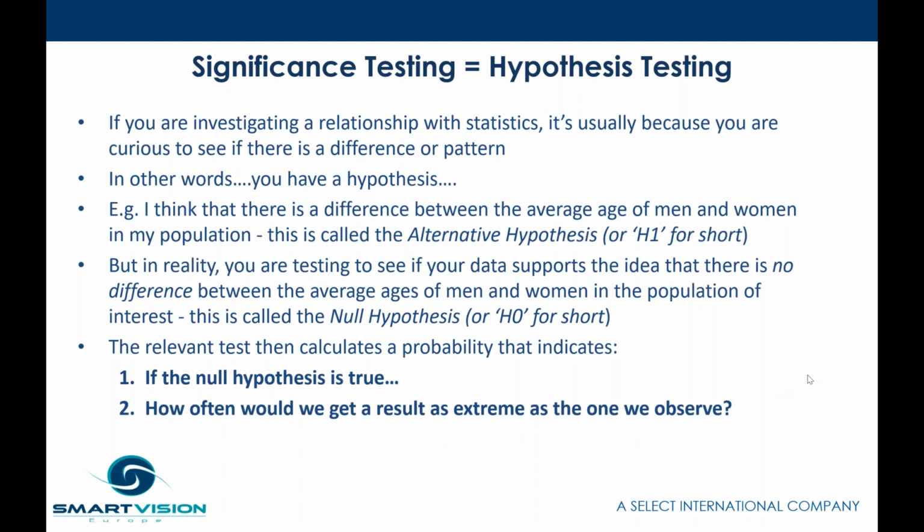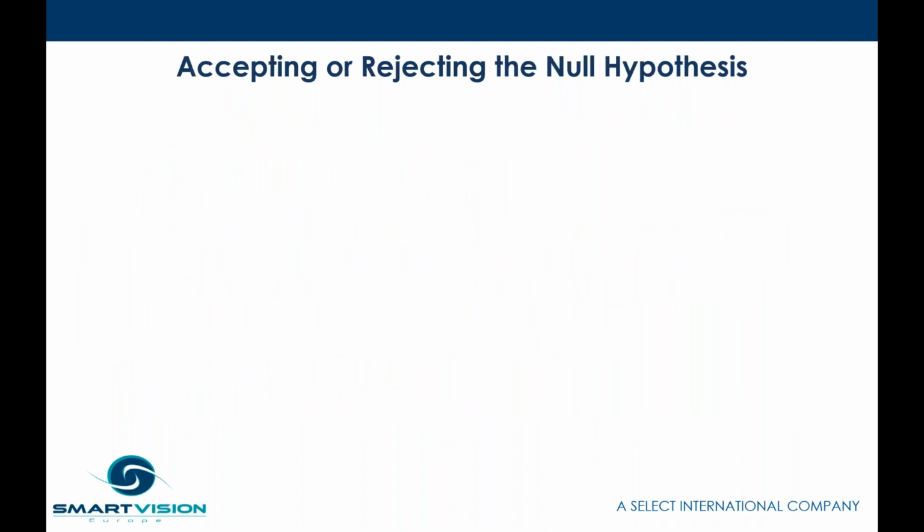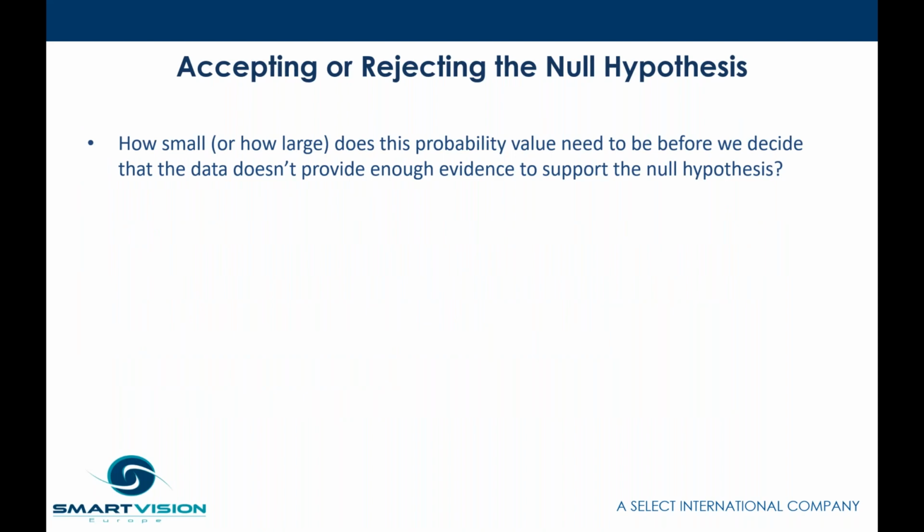So you can see I'm hammering this home again and again. The reason I'm leading up to that is because what we're not doing is saying that it's the probability of the null hypothesis. Okay, so we'll come back to that in a moment.